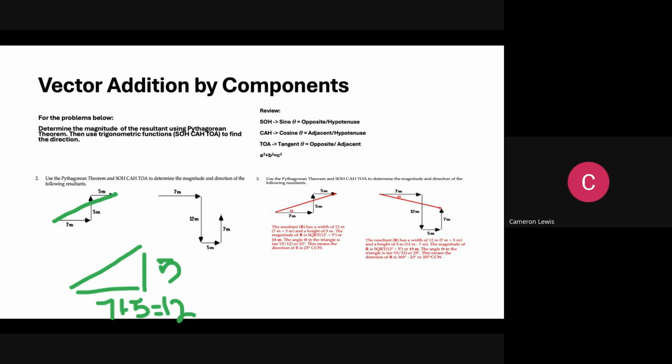So now if I make my triangle again with these new numbers, I have 5, 12. I take the square root of, if I square 12, I get 144. I square 5, I get 25. 144 plus 25 is 169. The square root of 169 is 13.